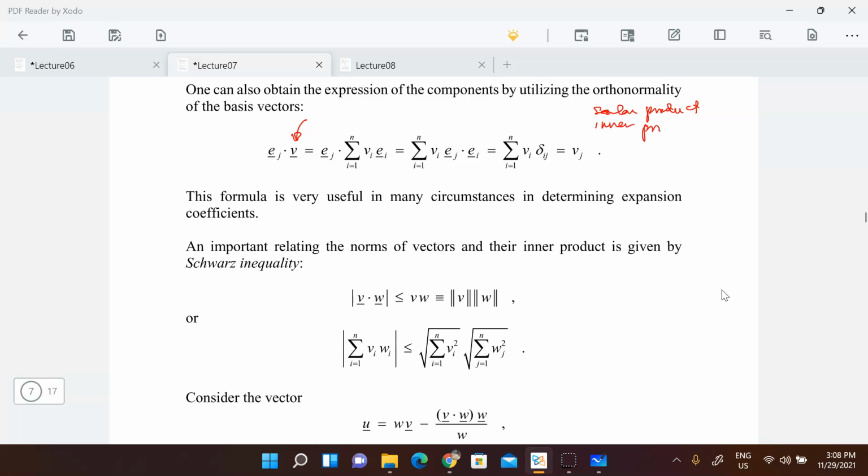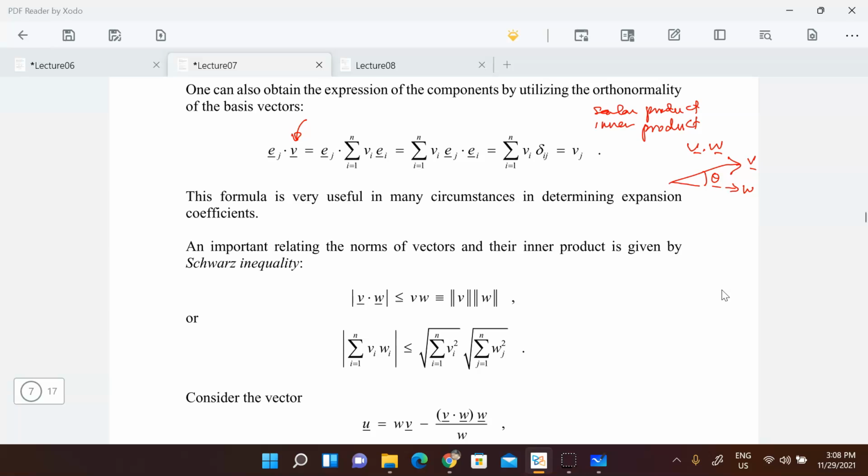What does it do? It projects. For example, you take this vector v, it projects down to a particular direction. This will be your theta, your cos theta, for example, in your v dot w. So this v dot w will be parallel to this w direction.